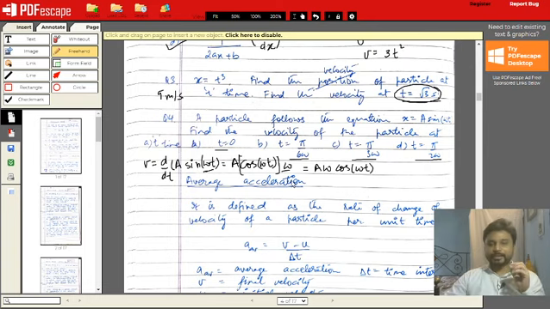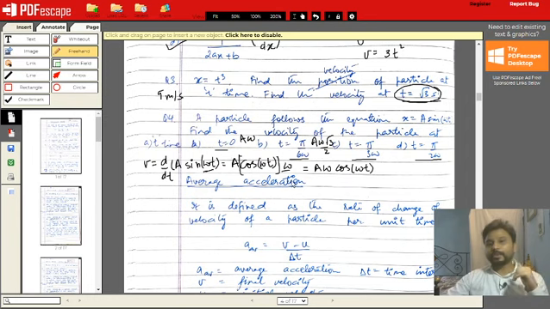Now let us substitute values of t and get the velocities at different times. Velocity at t equal to 0, cos 0 is 1, so that would be a omega. At pi by 6 omega, when we put pi by 6 omega over here, that would be cos pi by 6, which is root 3 by 2, so that would be a omega root 3 upon 2.